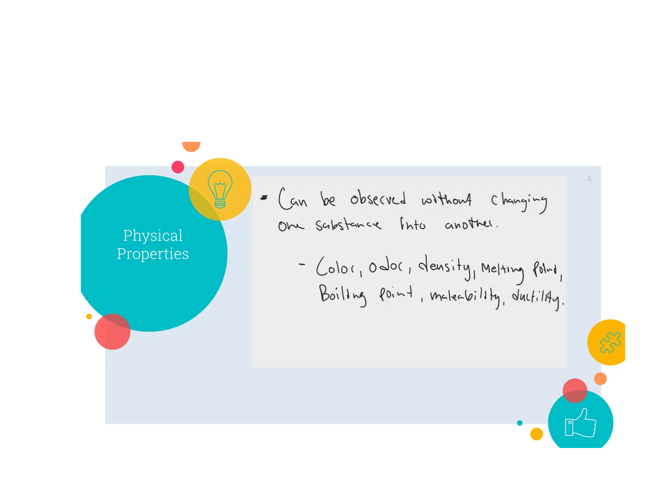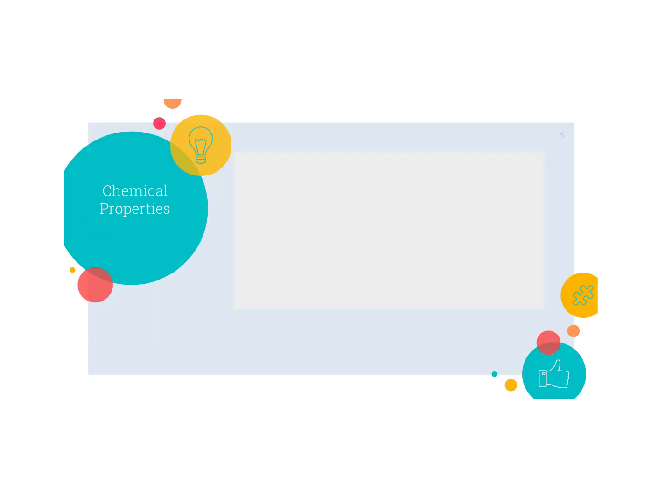Chemical properties, on the other hand, can only be observed when changing one substance into another.